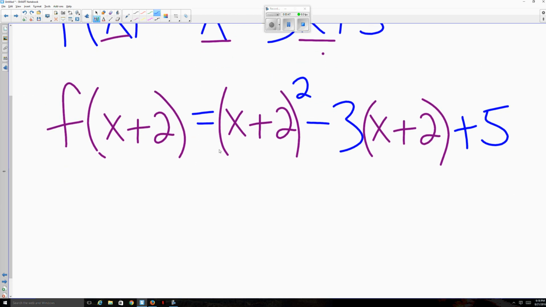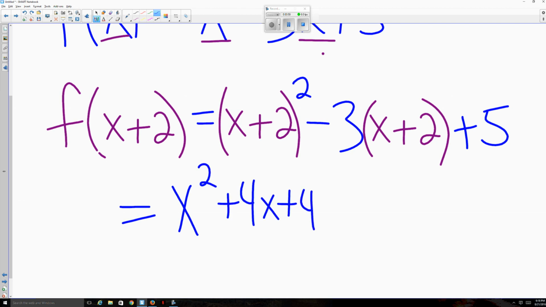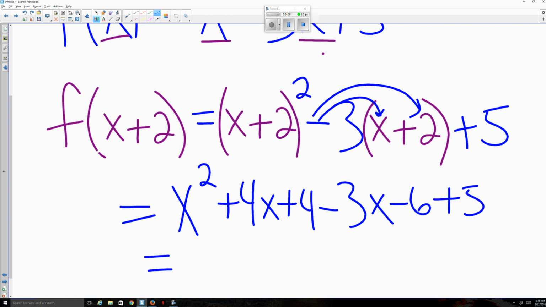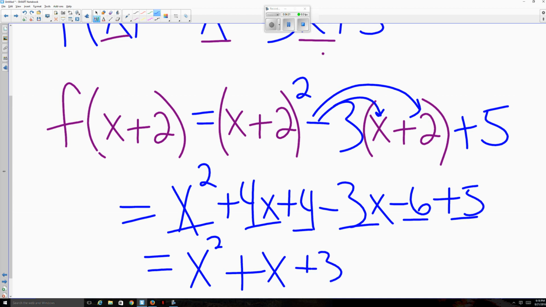Now we can simplify this expression. If you don't know what this is, please pause it and work it out. Since I know what it's equal to, I'm going to write it. So this is x squared plus 4x plus 4. Now this negative gets distributed to both places there: minus 3x minus 6 plus 5. So this is x squared plus x, and then 4 minus 6 plus 5 is plus 3.